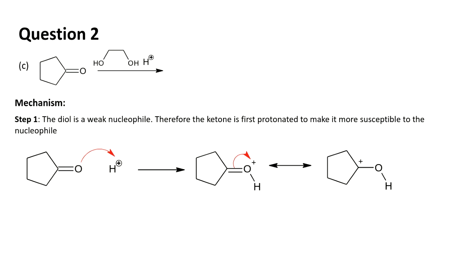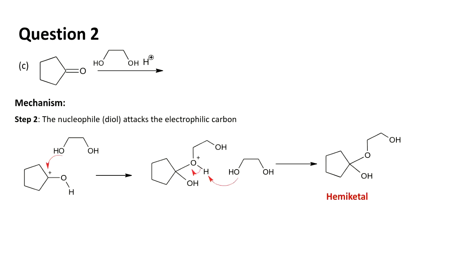So the next step is that we have the diol. The lone pair of the oxygen acts as a nucleophile, and the alcohol will attack the carbon, which is positively charged. When this happens, the oxygen still has the proton attached. And so you have to use another molecule of the alcohol to remove an extra proton.